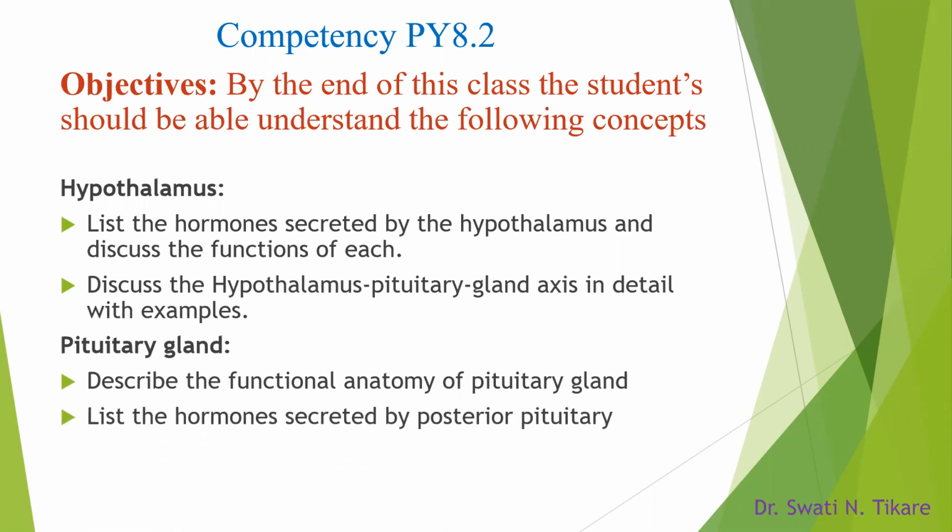We have listed the hormones secreted by the posterior pituitary, ADH and oxytocin. Remember, they are actually hormones synthesized by the hypothalamus, only stored in the posterior pituitary and later released.